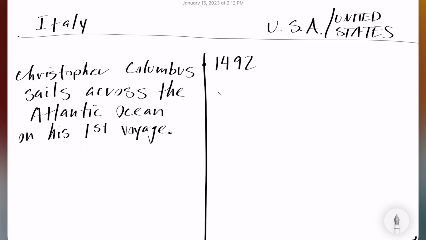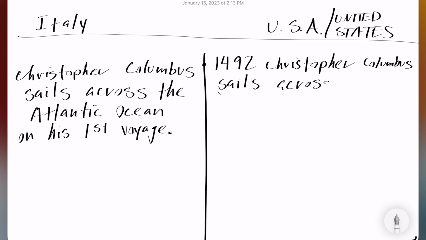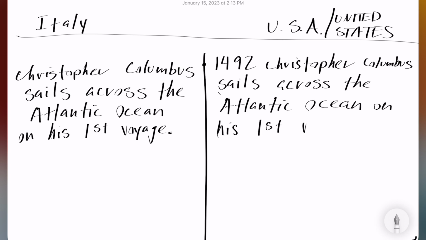And here he discovers America, North America. All right. And then on our right side of the column, because remember, we're also talking about the history of the United States, I want us to write that same date again. So here we can write on the right side of our column, Christopher Columbus sails across the Atlantic Ocean on his first voyage.